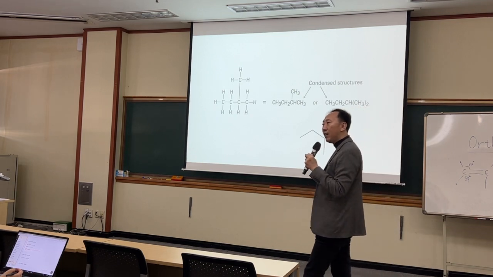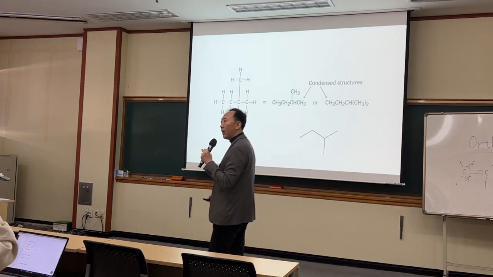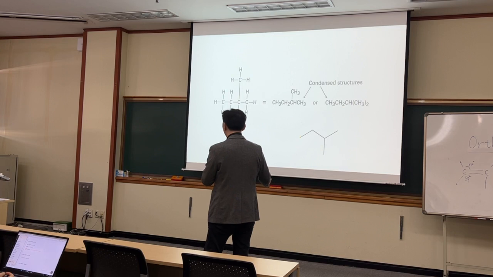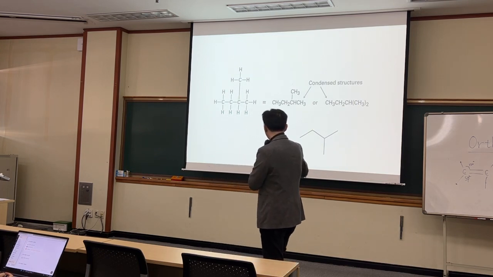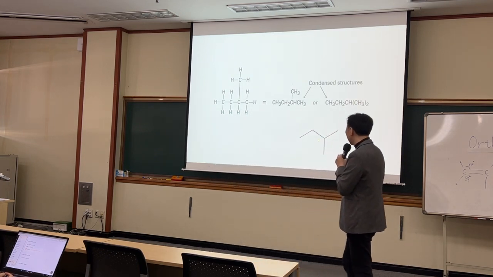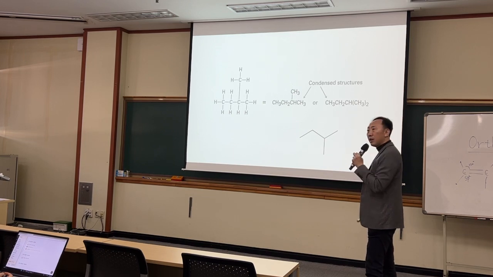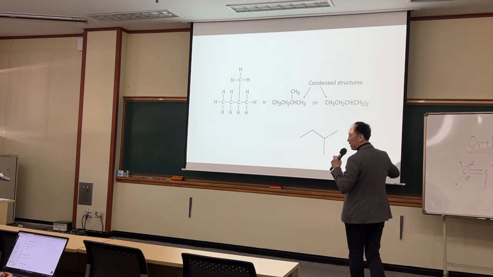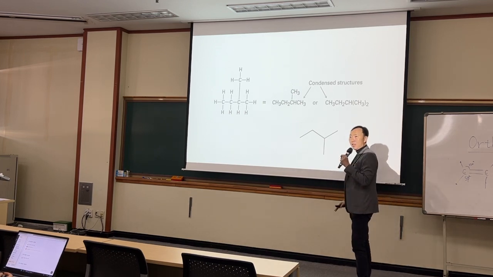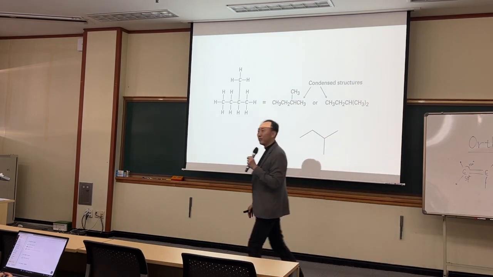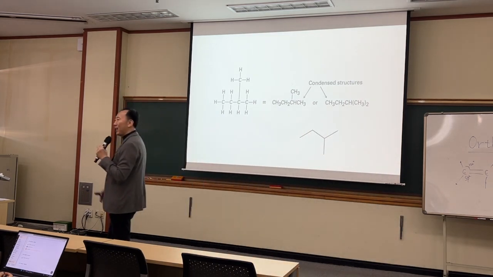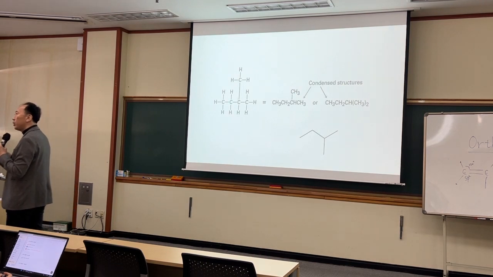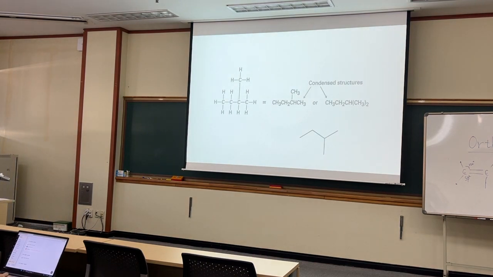If you don't see anything, then we assume that the position has 3 hydrogens here, 2 hydrogens here, 1 hydrogen here, 3 and 3. So this is the simplest way. If you can think of an even simpler one, tell me. Maybe that is the simplest way to draw organic molecules. That's something we are going to use from now on. Okay, skeletal structure.